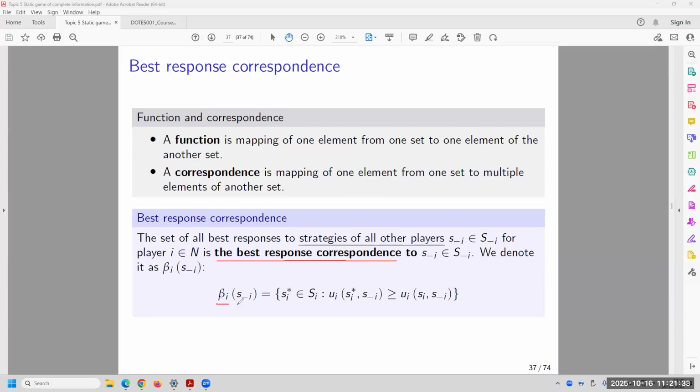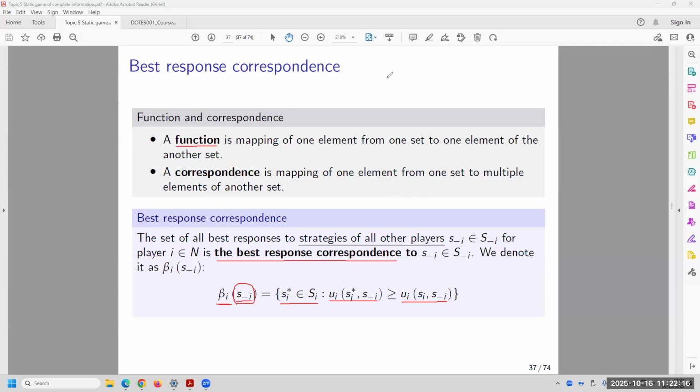It's called the best response correspondence, facing what other people are choosing. These are the other people's choices, and this is a set, meaning the collection of all strategies that lead to a best response. So if other people choose s_minus_i, this is all the possible actions that are best for you as player i. It's just a notation and terminology.